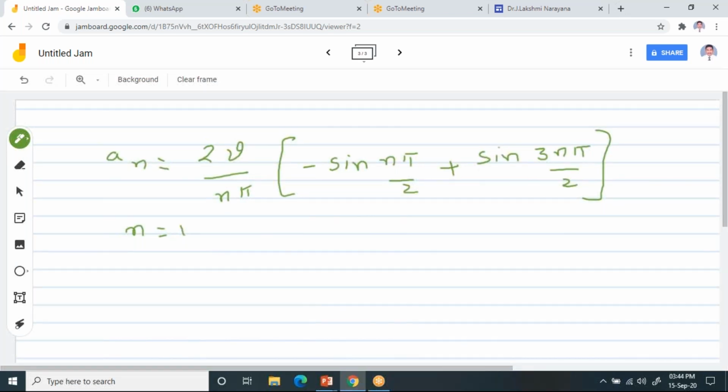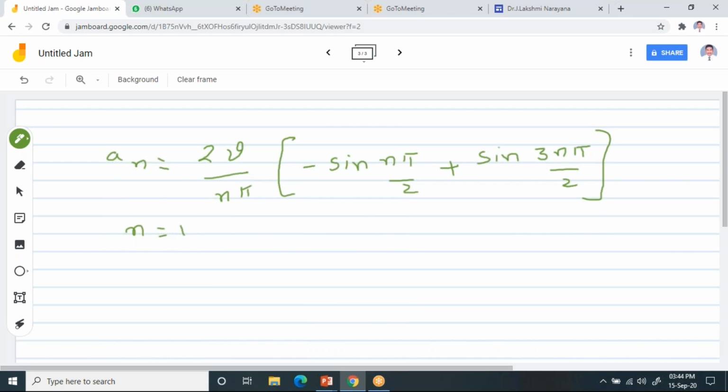Please post it in the chat box. And similarly, when you take n equal to 1, it becomes 3 pi by 2. Now tell me what is the value of sine 3 pi by 2. What is the value of sine pi by 2 and what is the value of sine 3 pi by 2? Please post it in the chat box.